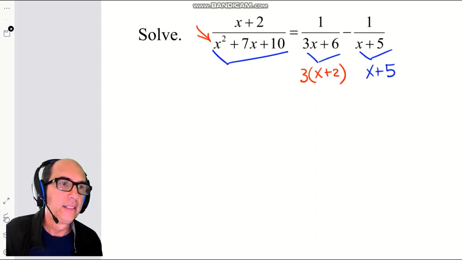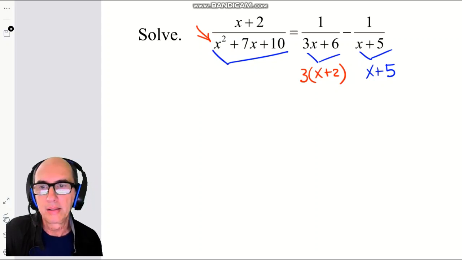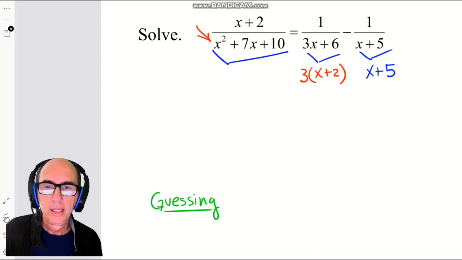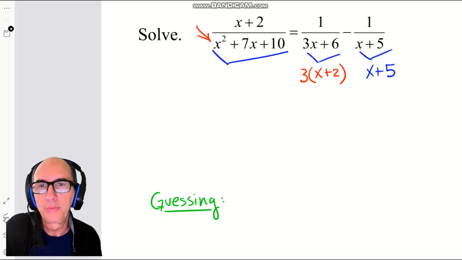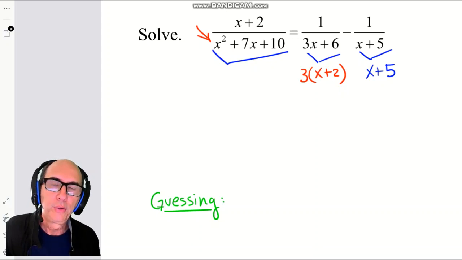We can use the guessing method. We are using the guessing method a lot because it's simple and quick, and later we're gonna have formulas that will help us. But the guessing method in this case is quick and easy. Two numbers that multiplied equal 10, and added equal 7.